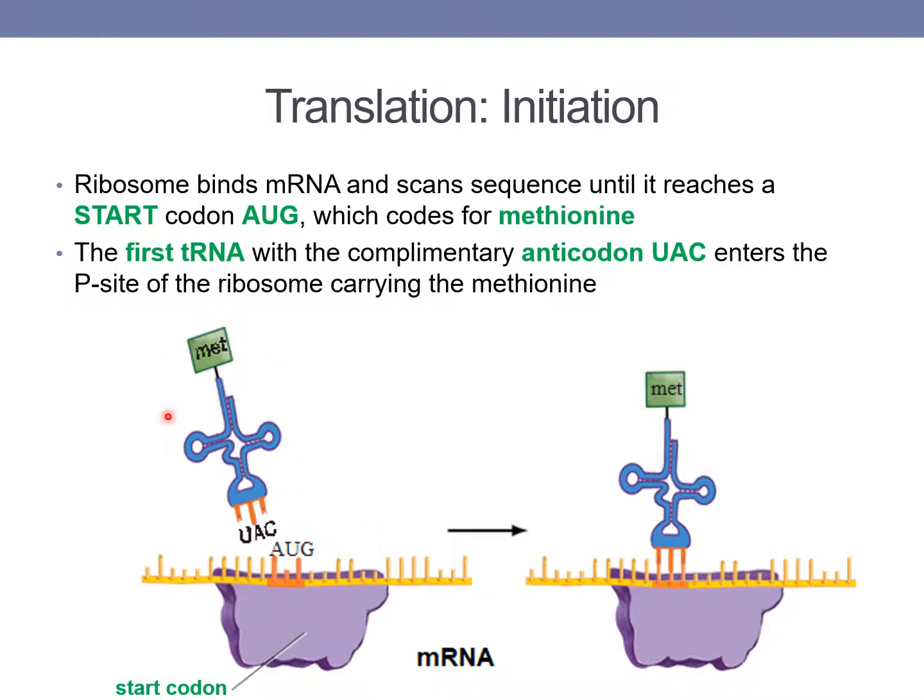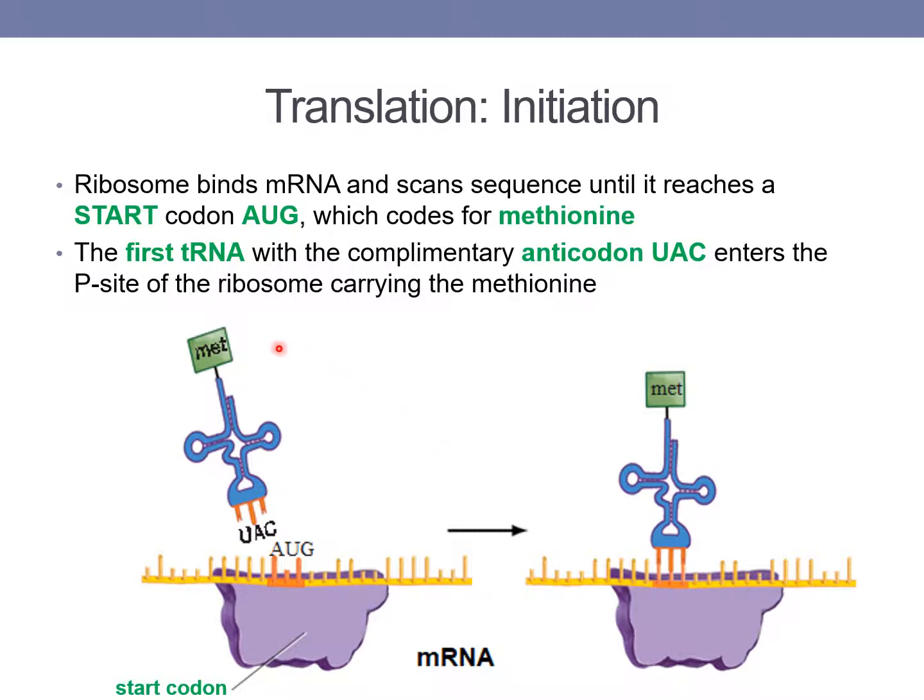The first transfer RNA that is delivering that methionine to the ribosome is always going to have the anticodon UAC, which is complementary to the AUG.